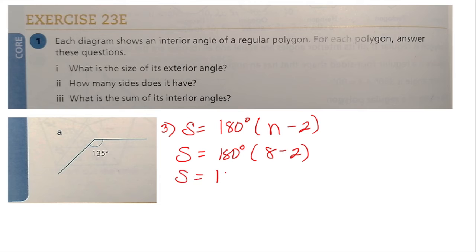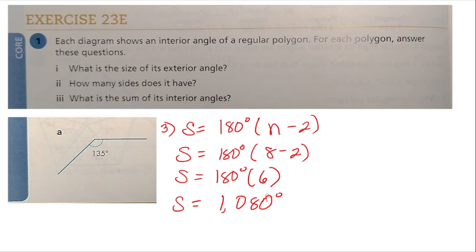So S is equal to 180 times 6. So S is equal to 1,080 degrees. Okay? So, yan ang sum of the interior angles.